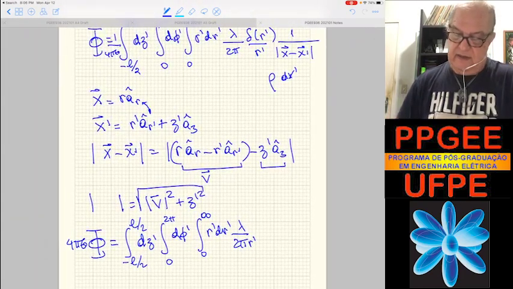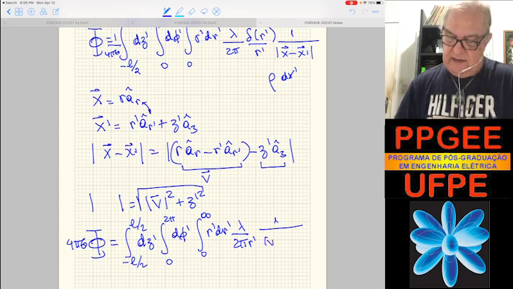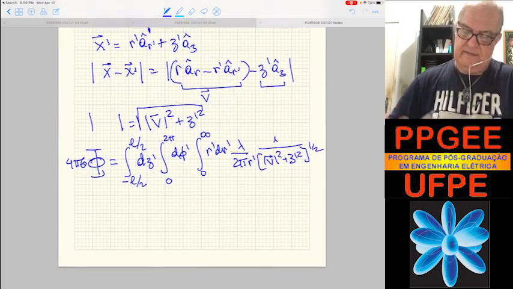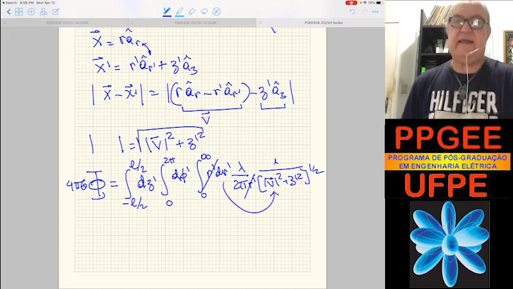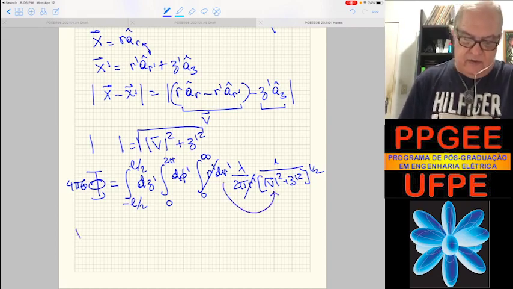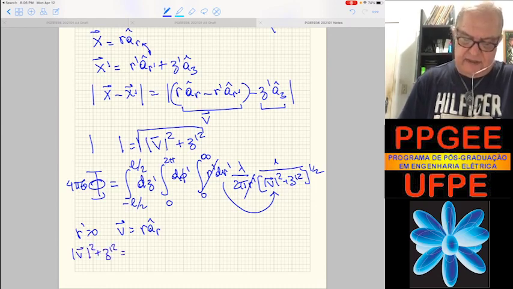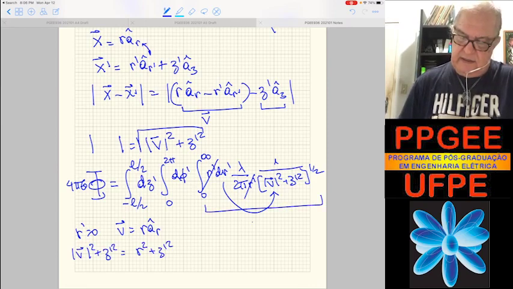So it's going to be 1 over V squared plus z prime squared to the 1/2. Well, this r prime cancels, so this is only going to happen at r prime equals 0. At r prime equals 0, V becomes R AR, and V squared plus z prime squared becomes r squared plus z prime squared. So this integral here is lambda over 2 pi times 1 over r squared plus z prime squared to the 1/2.